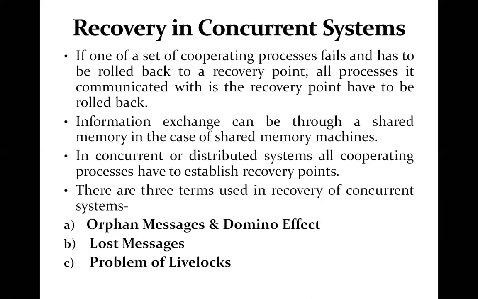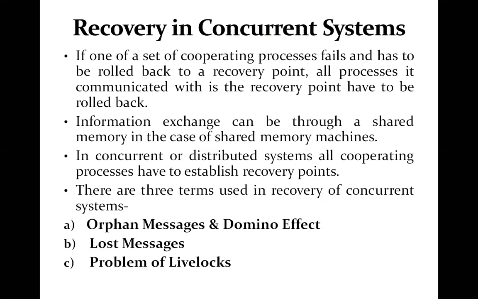The effect caused by this failed process at other processes, due to the information it has exchanged with them after establishing the recovery point, will have to be undone, because it is unable to know what happened during the time it was failed. So when it recovers from the failure and restarts from its recovery point, it is going to share certain information. That information may be inconsistent with the rest of the processes.